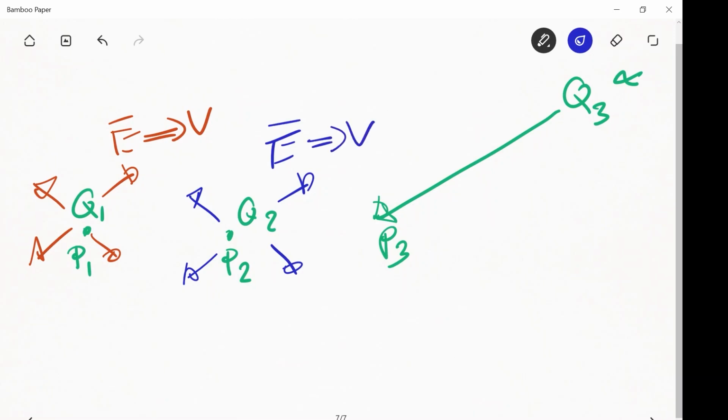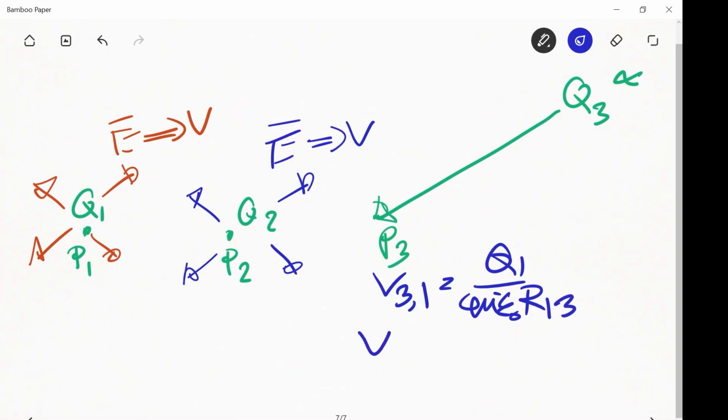The potential at point 3 produced by Q1 is equal to Q1 divided by 4 pi epsilon 0 R13, and the potential at point 3 produced by Q2 is equal to Q2 divided by 4 pi epsilon 0 R23.